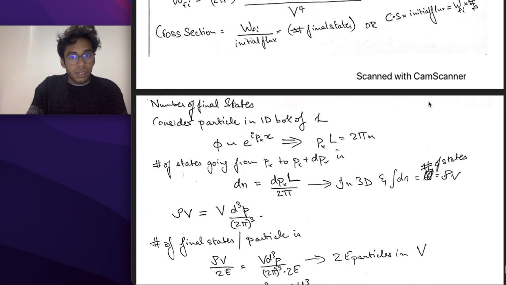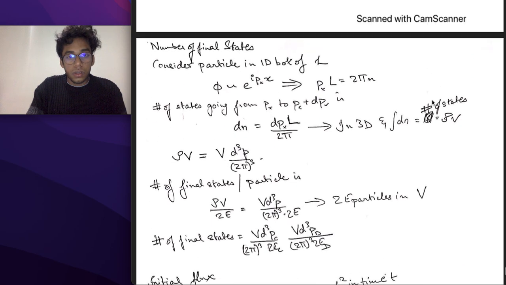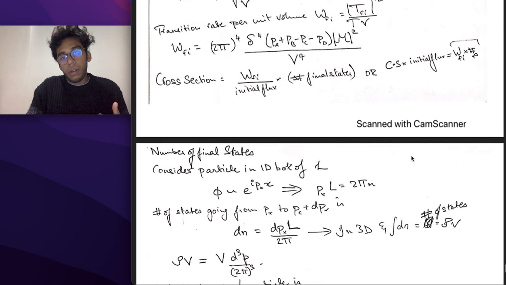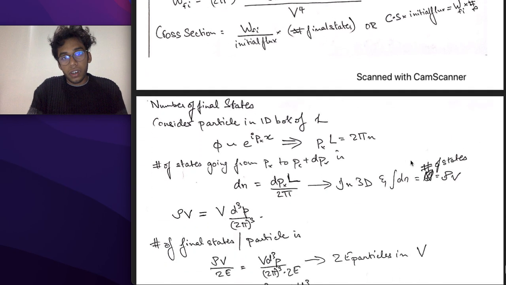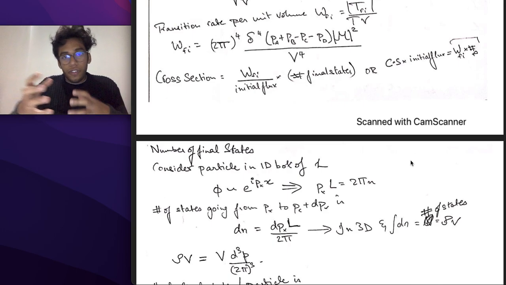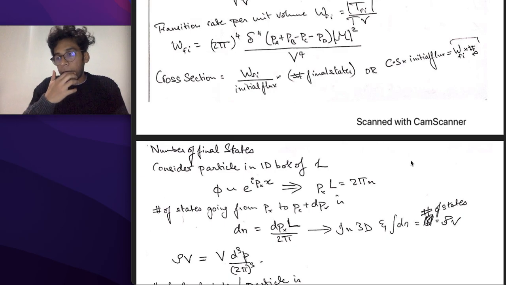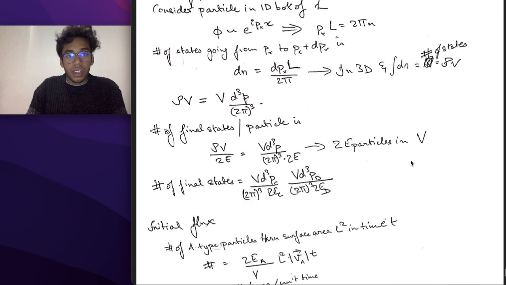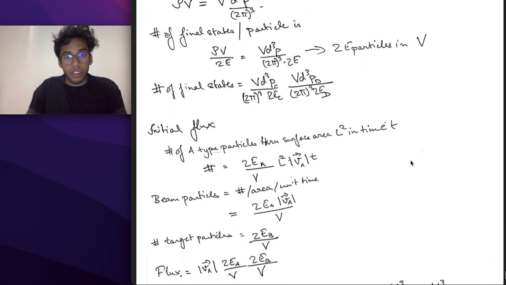And usually once you have the cross section, because cross section is independent of your number of particles or the area of your sensors or whatever, it's a fairly powerful quantity that is used to describe your scatterings and your particle collisions.